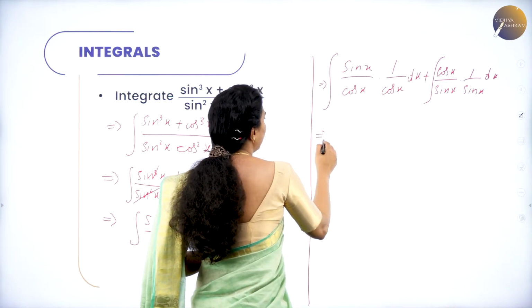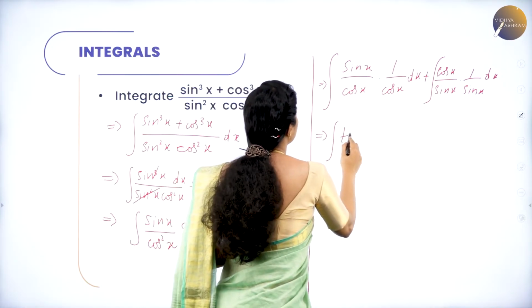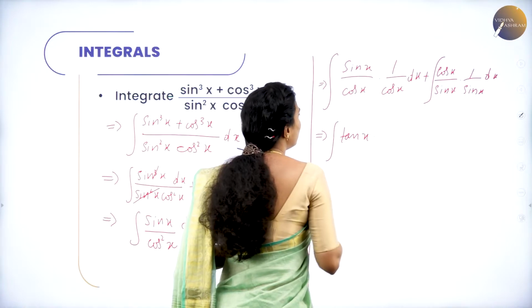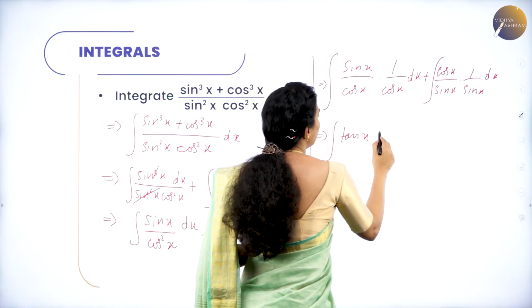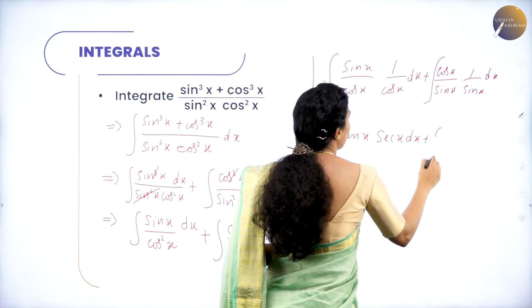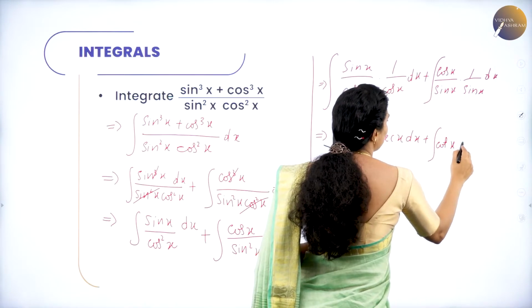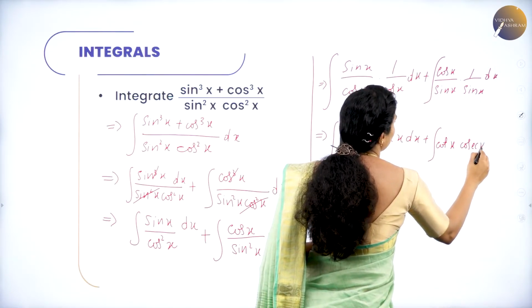Now again writing this, sin x by cos x gives you tan x into 1 by cos x, which is secant x, into dx, plus cos by sin is nothing but cot x and 1 by sin is nothing but cosecant x into dx.